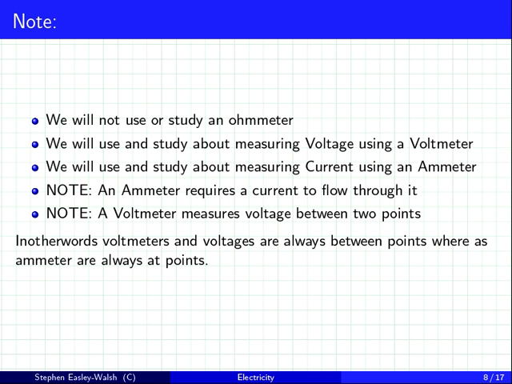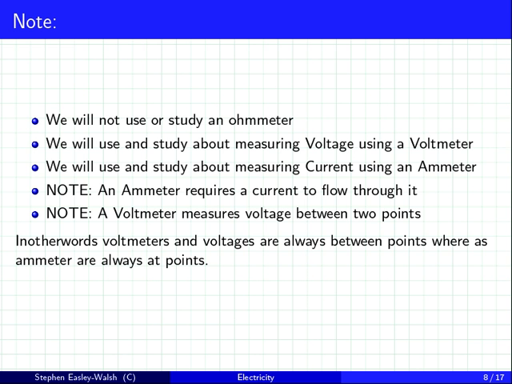If you want to measure current, all you do is plug the wire in one side, and then plug another wire coming out, and then it just measures the current as it passes through.